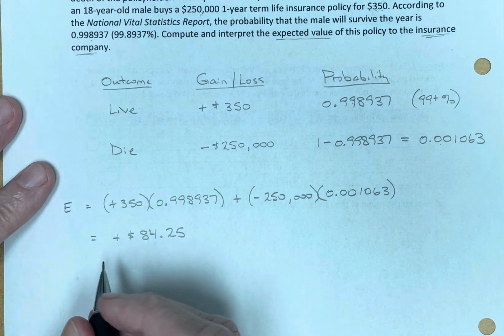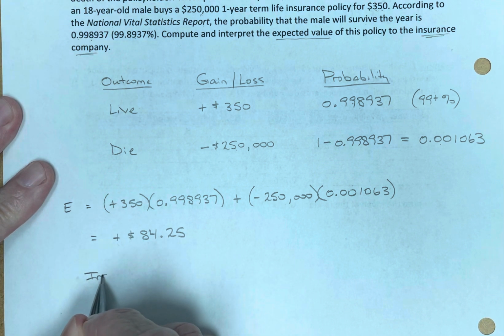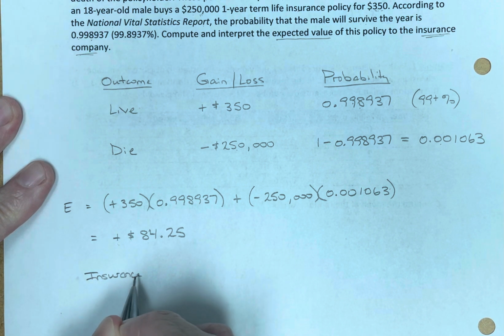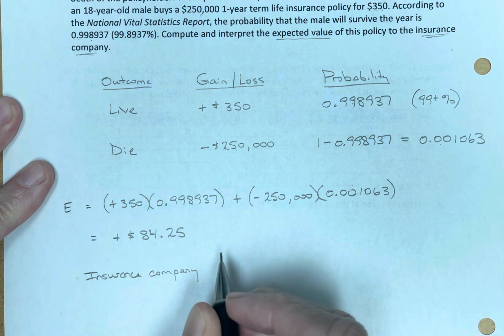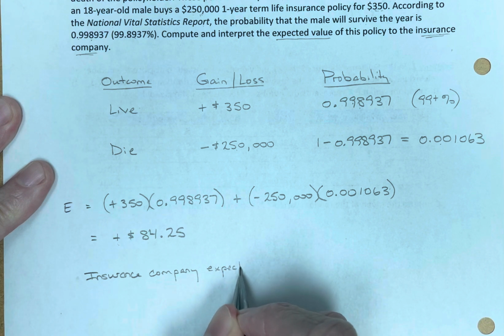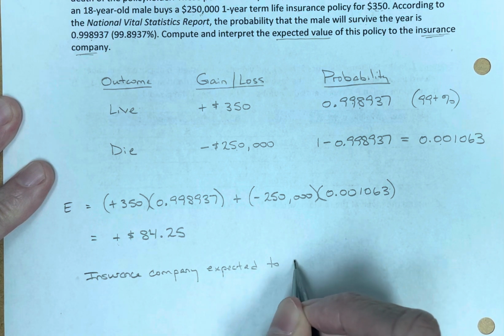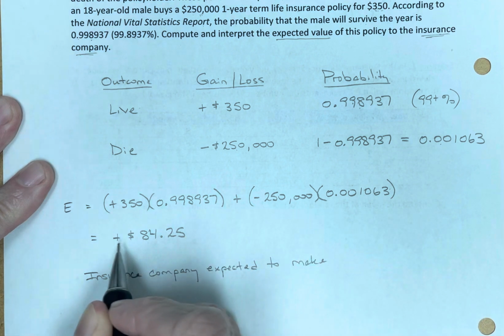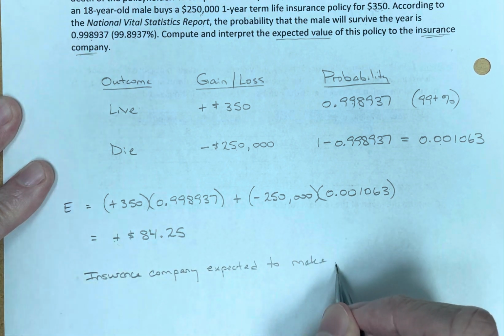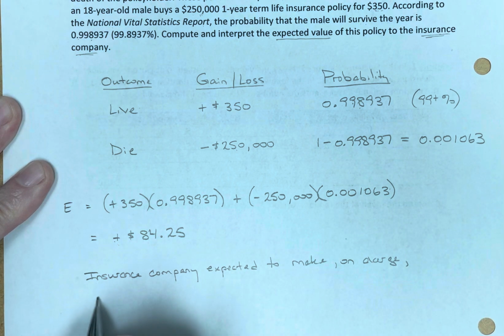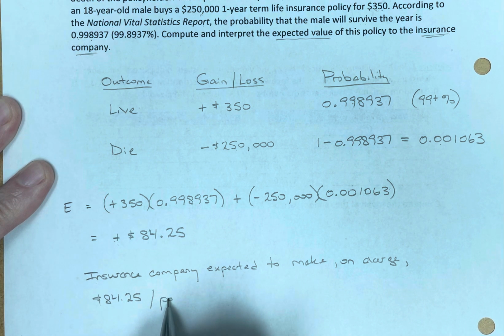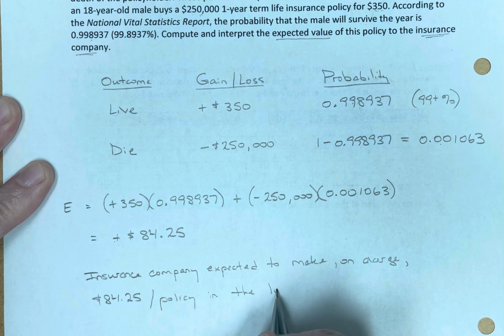So let's write that down. Insurance company: expected value. Expected to make, that's the positive, on average, $84.25 per policy, in the long run.